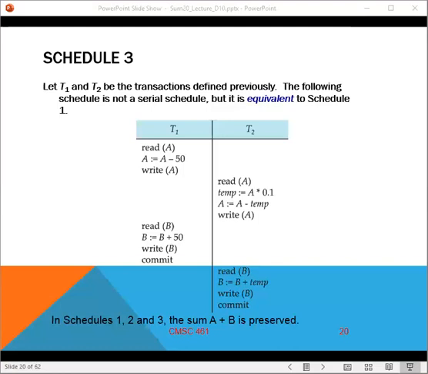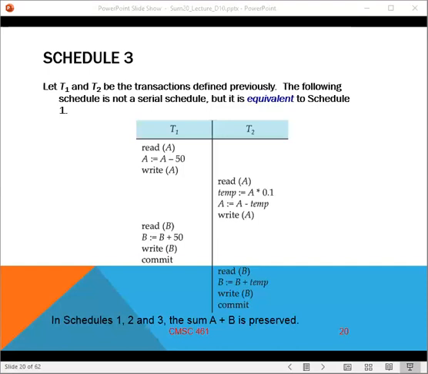So if both transactions were doing something with account balance A, we can swap the blocks of instructions only if they're dealing with reads. If they're dealing with updates, we can swap them if they're dealing with updates on different objects. But as we mentioned a couple of slides ago, if they're both doing updates on the same object, we cannot swap them, because if we do, then we can run into a problem.